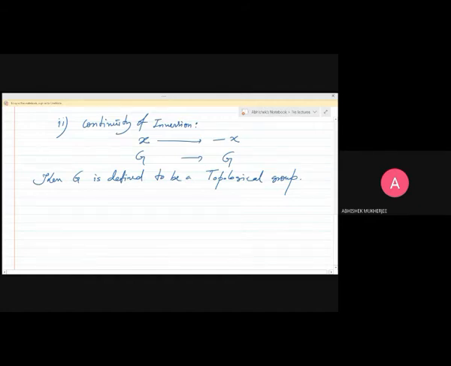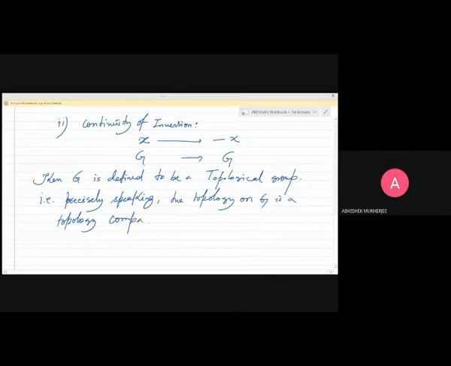So precisely speaking, we can say that the topology on G is a topology compatible with the group structure.